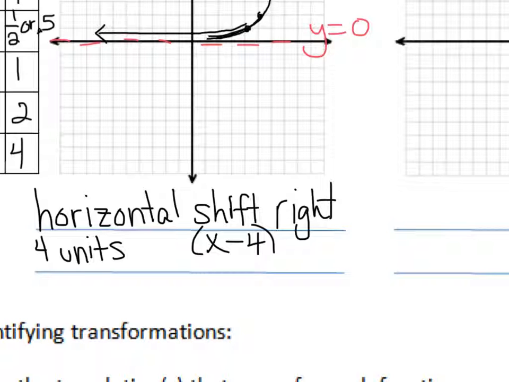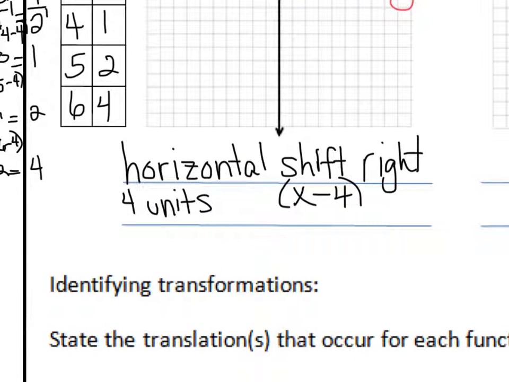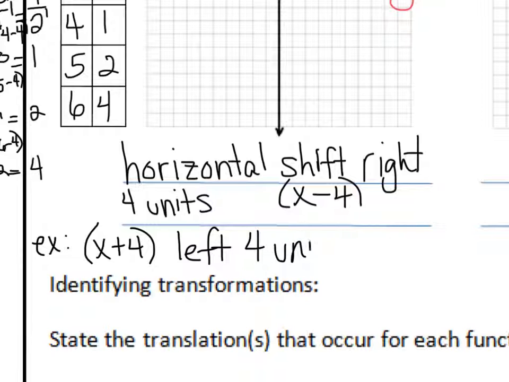So another example, if you had x plus 4, then that would mean left 4 units. So we have one more type of transformation to look at.